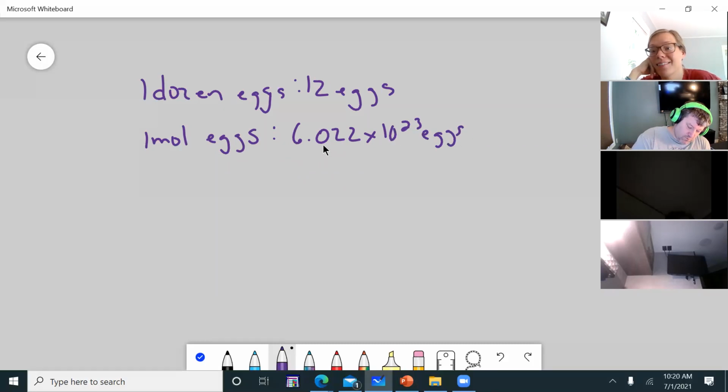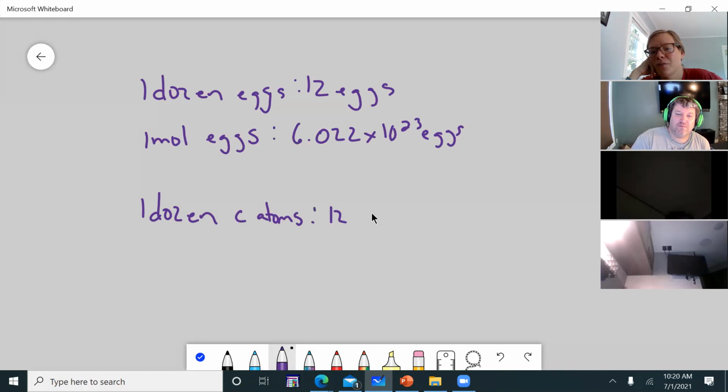That's a lot. That's probably more eggs than have ever existed in the entire history of chickenry. What about 1 dozen carbon atoms? That's equivalent to 12 carbon atoms.